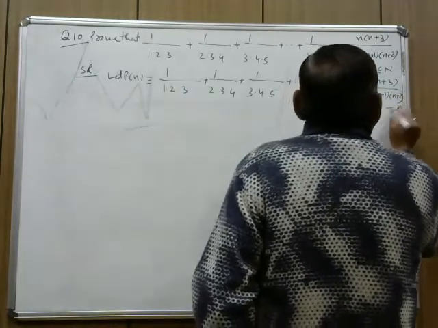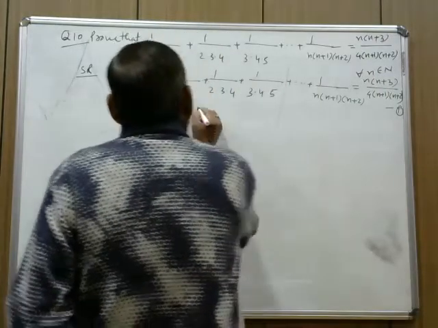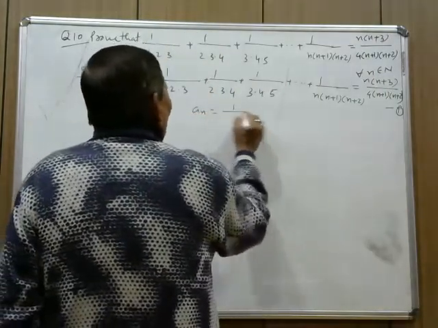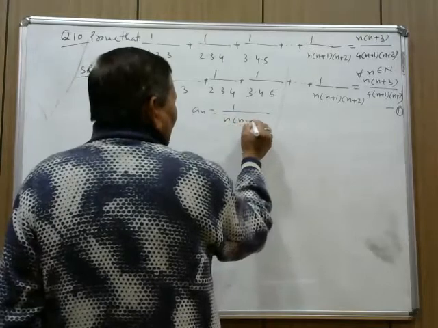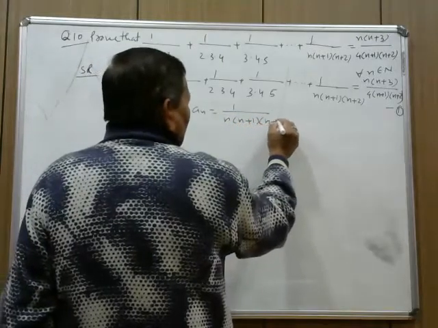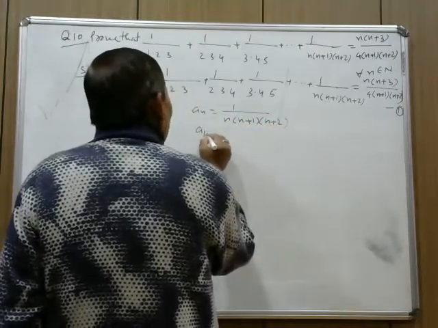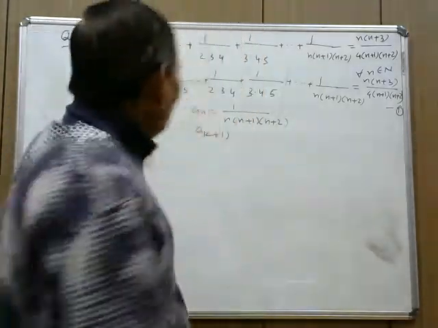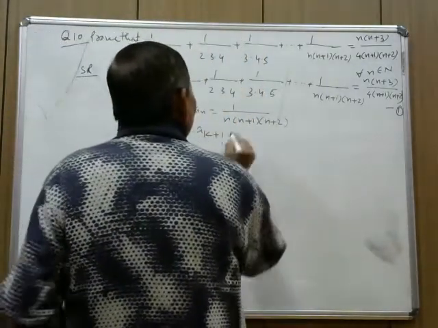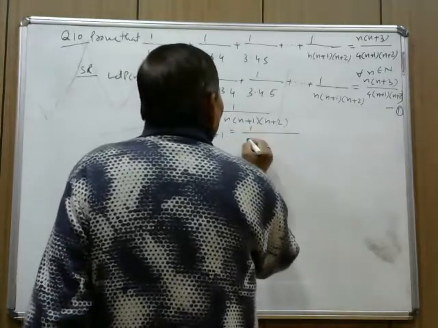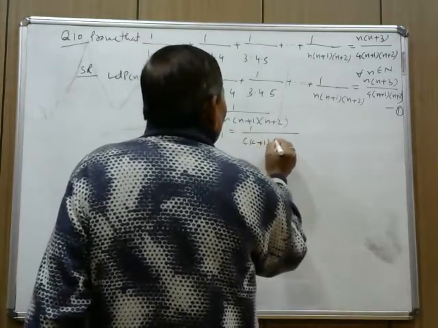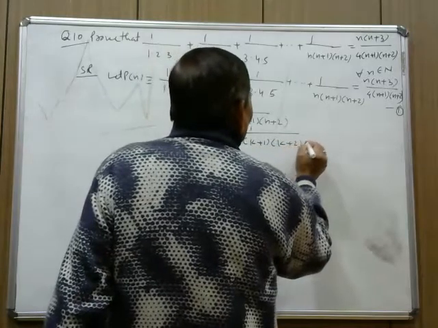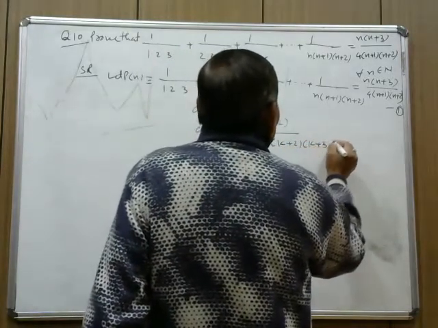This is 1. Here a n equal to 1 upon n into n plus 1 into n plus 2. So a k plus 1 equal to 1 upon k plus 1, k plus 2, k plus 3. This is 2.